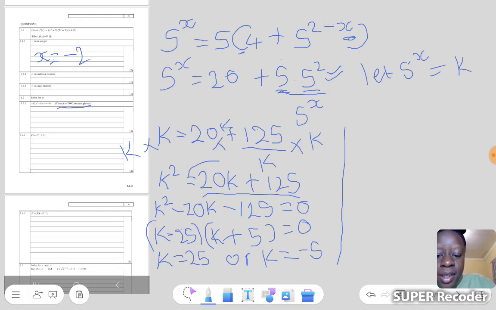Let's substitute back the 5 to the power x for k. 5 to the power x is equals to 25, making it a power, it's 5 to the power 2, or on the other side we have 5 to the power x, which will be equals to negative 5. Therefore here x will be equals to 2.